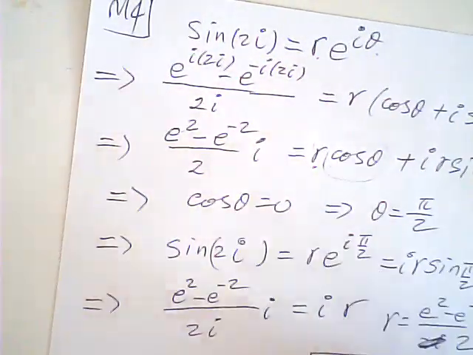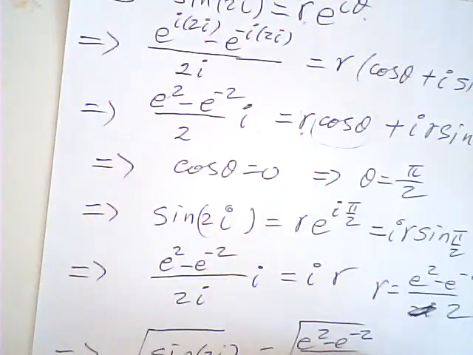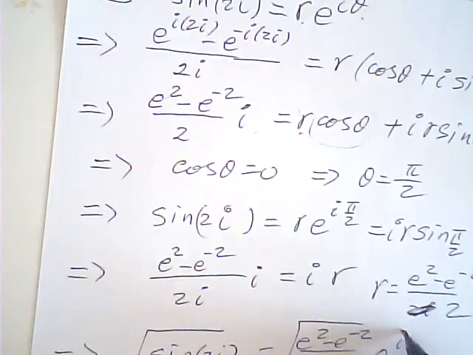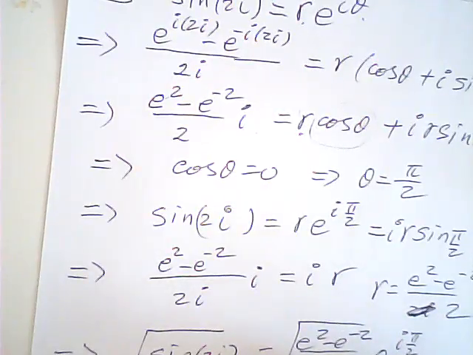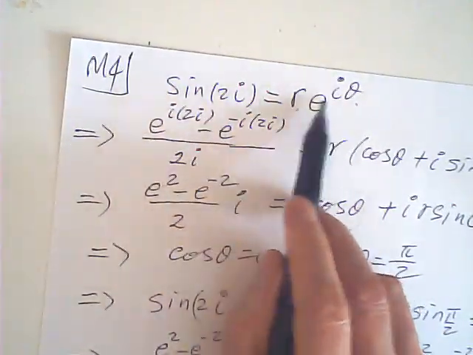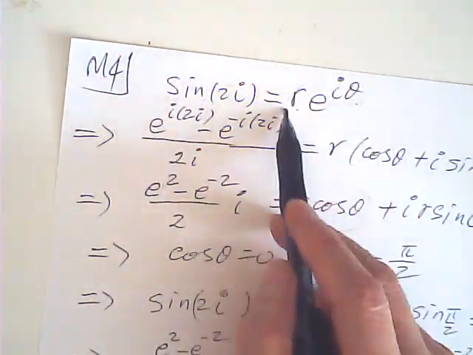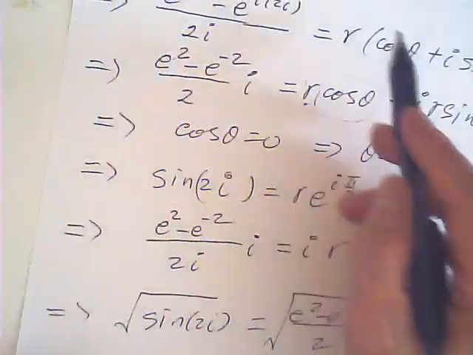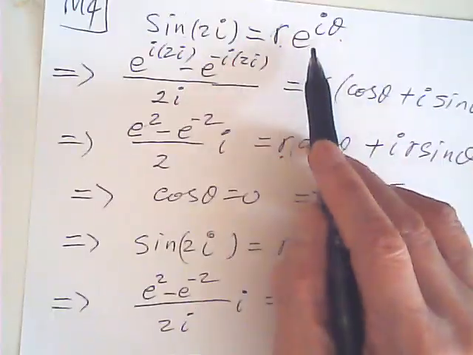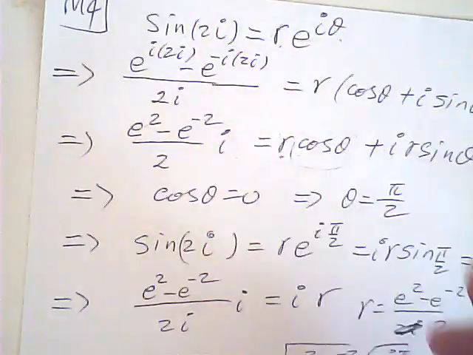I take a square root. I have to square root both sides. So square root of this one means square root of that. Square root of r is this, square root of e to the i theta is this.